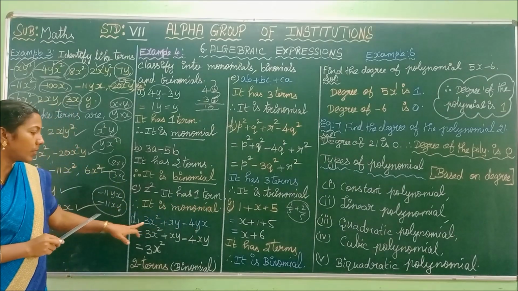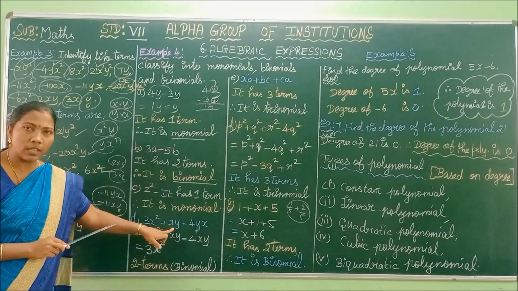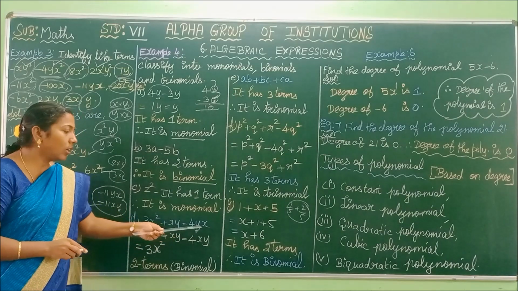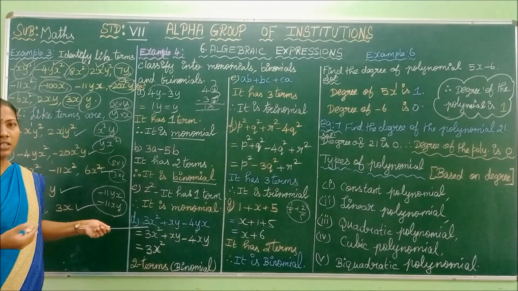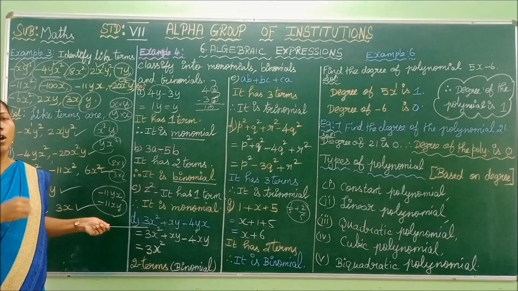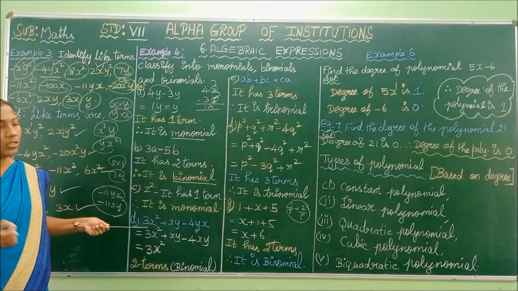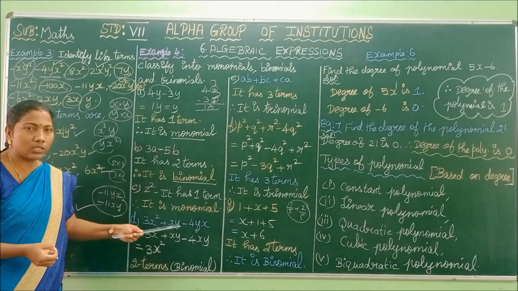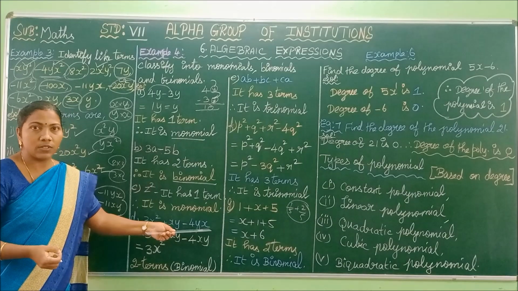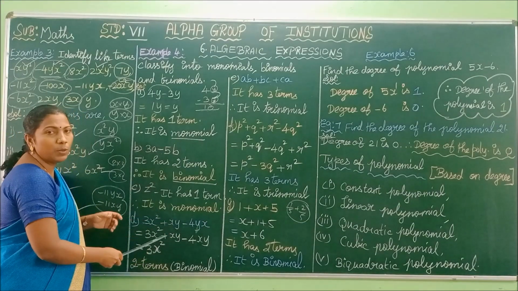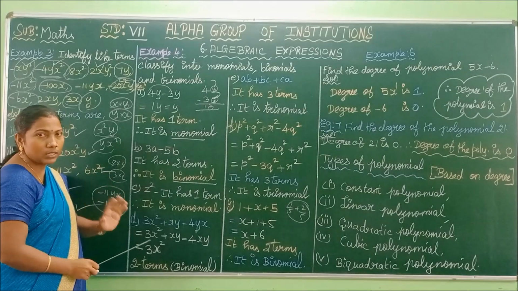See the next one. 3x square plus xy minus 4yx. Don't write it as 3 terms and call it a trinomial. Before writing monomial, binomial, or trinomial, you have to check whether they are like or unlike. See here, these 2 are like terms because here we have xy, here we have yx, with the same power. So you have to evaluate these 2 terms, because like terms only can be added or subtracted.